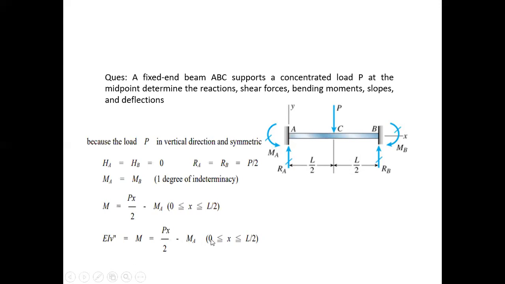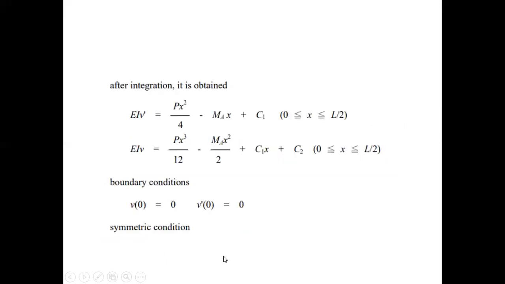Now, for this span, it will be Px by 2 minus Ma for 0 to L by 2. For the same thing, we will be putting this equation, that is EI V double dash, and we know EI V double dash is equal to M. So we'll simply calculate over here.